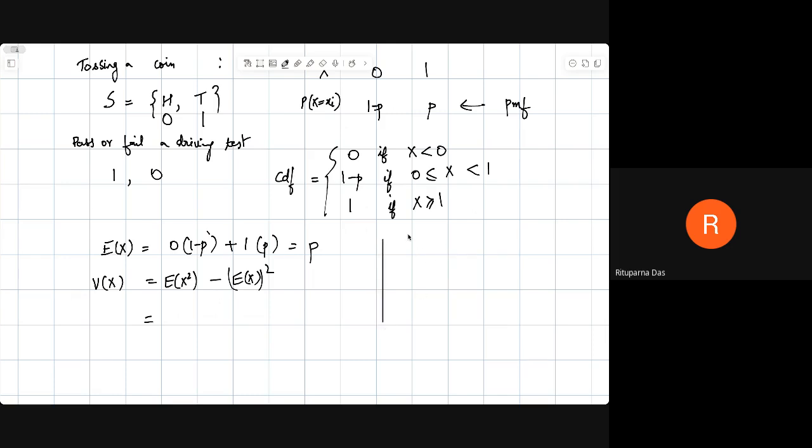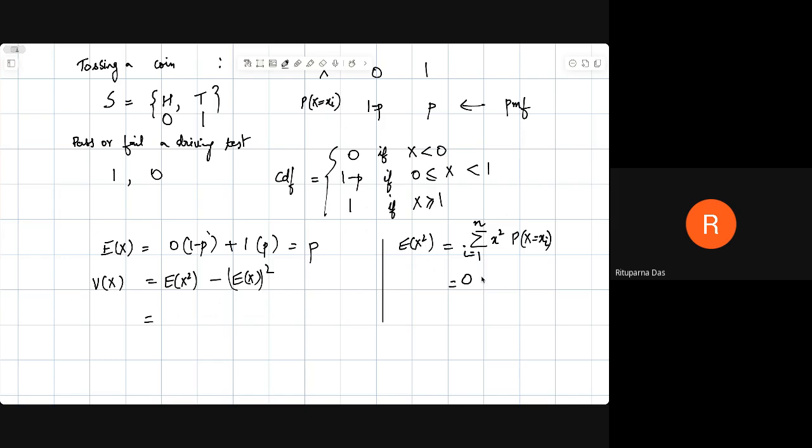E of x square will be the sum of x square times P of x equal to xi, where i varies from 1 to n. So here what do we have as x? x is 0, x is 1. So 0 square is 0, 1 square is 1.